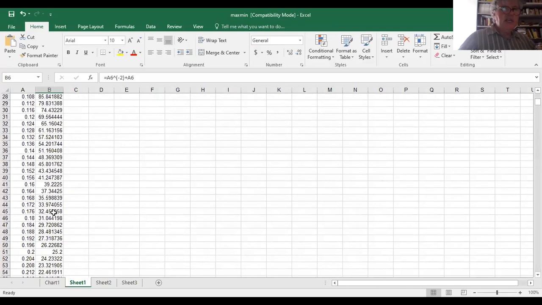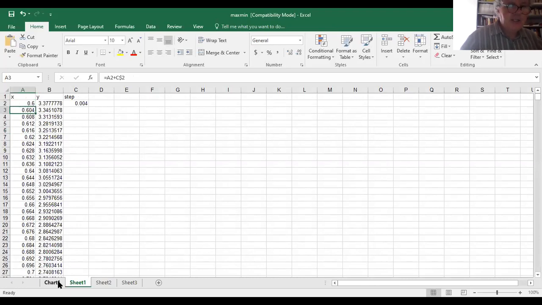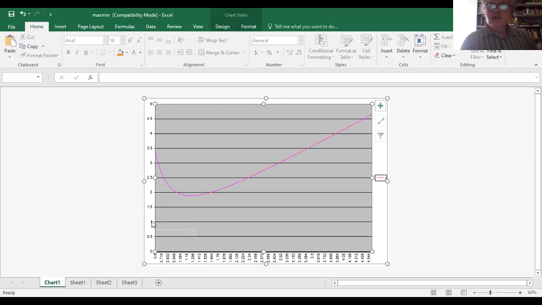So if we actually start at 0.6 and look at the chart now, there we go. We've got a nice little valley there. And so we can try and estimate that.